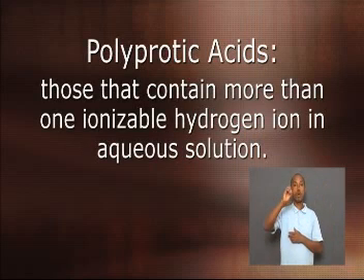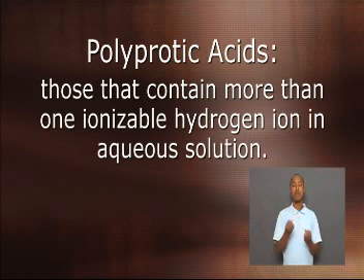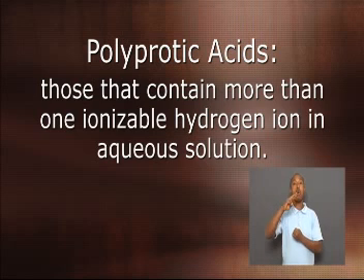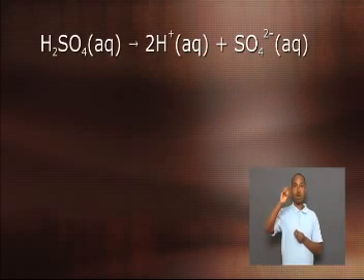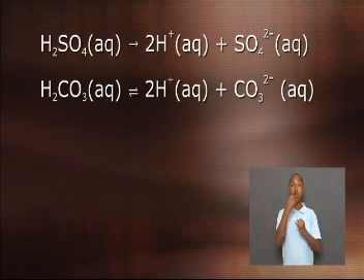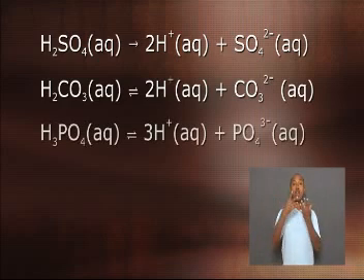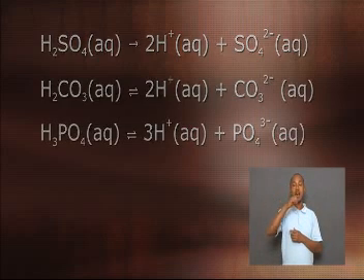Polyprotic acids are those that contain more than one ionizable hydrogen or can furnish more than one hydrogen ion per molecule in an aqueous solution. Some examples include sulfuric acid, carbonic acid, and phosphoric acid. These equations show the ionization of polyprotic acids in aqueous solution.